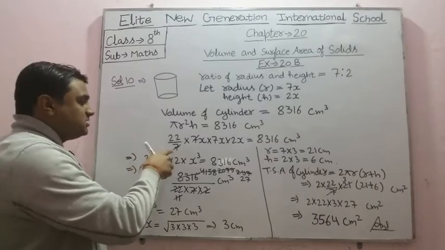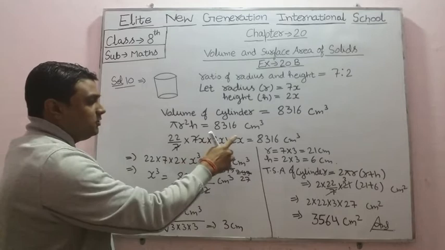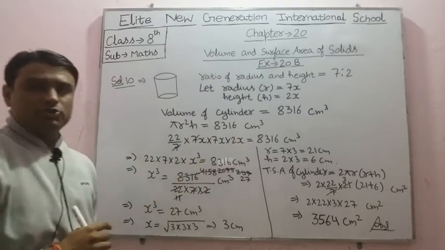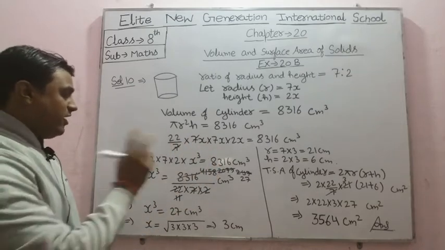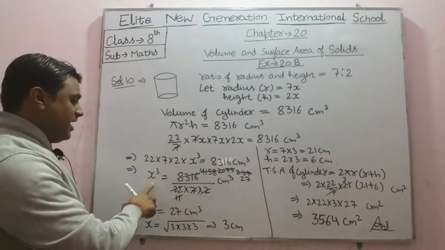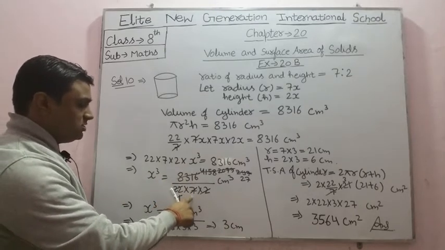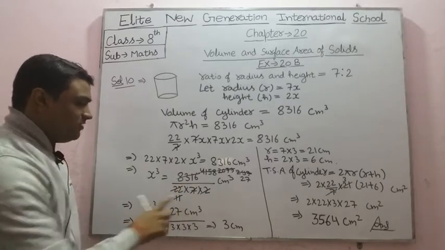Now this 7 will be cancelled by this 7, so it will be 22 into 7 into 2, and x into x into x will become x cube, that is equal to 8316. For finding the value of x, x cube will be equal to 8316 upon 22 into 7 into 2. Now x cube will be equal to 27.